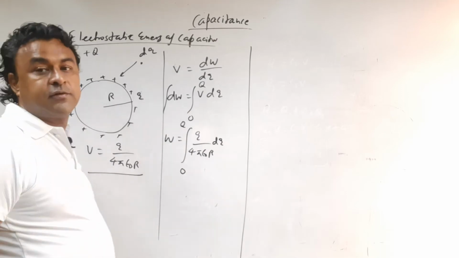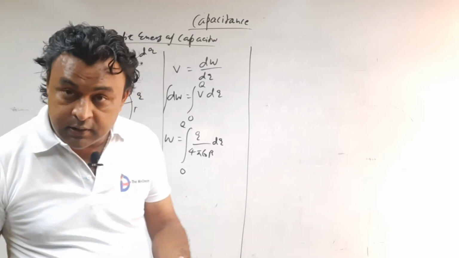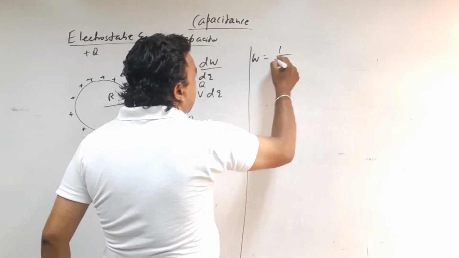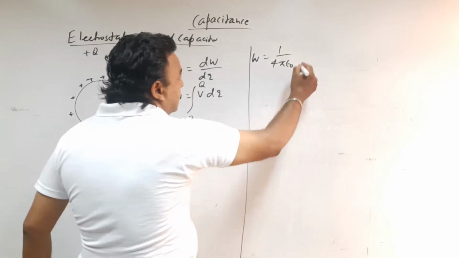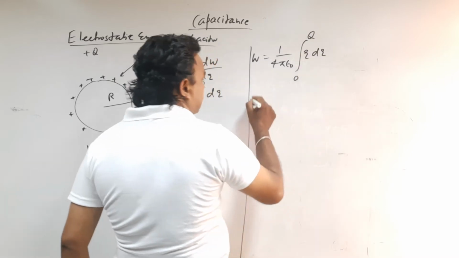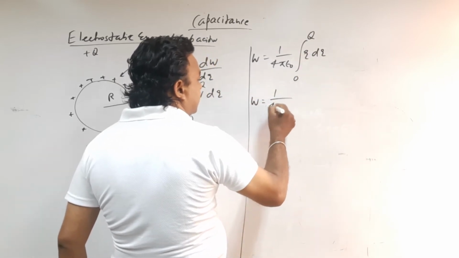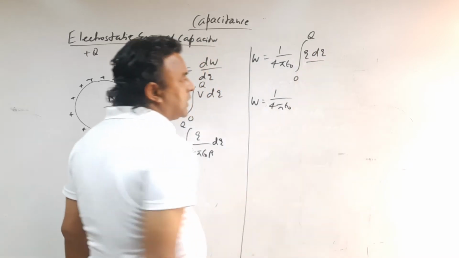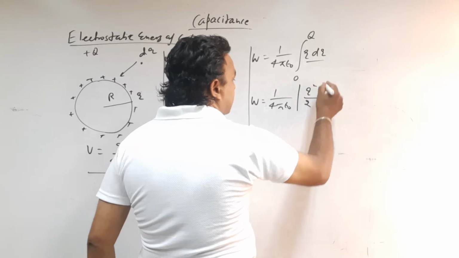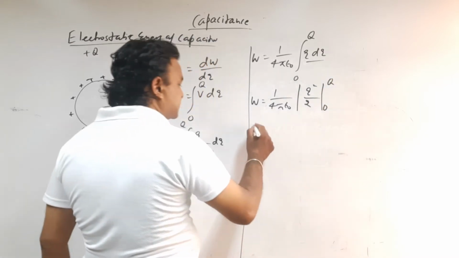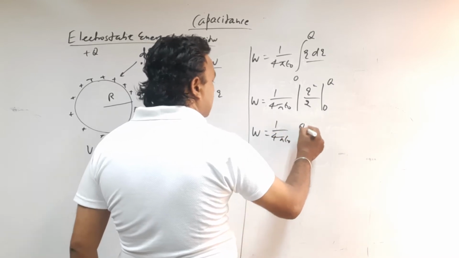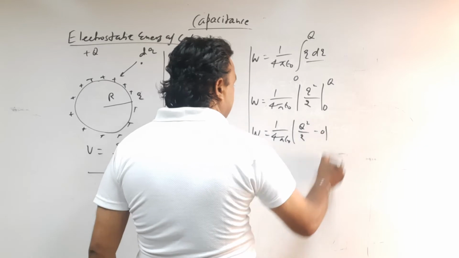This work done will be stored in the form of potential energy of the capacitor. Look, this work done is 1 upon 4 pi epsilon naught R times the integral of q dq from 0 to capital Q. The integration gives q square by 2, from 0 to Q. So I have 1 upon 4 pi epsilon naught R times Q square by 2 minus 0.